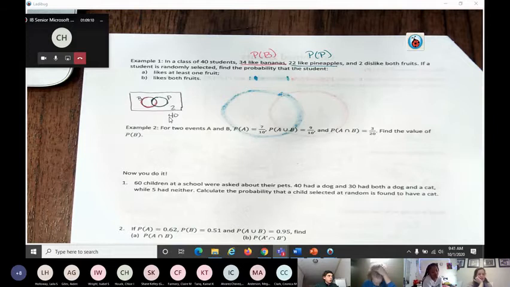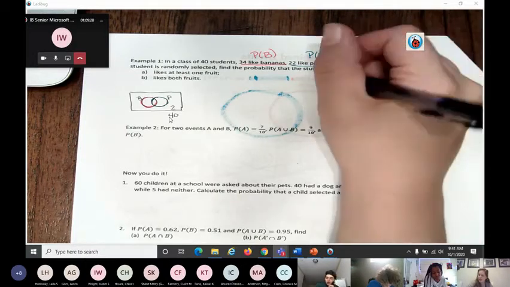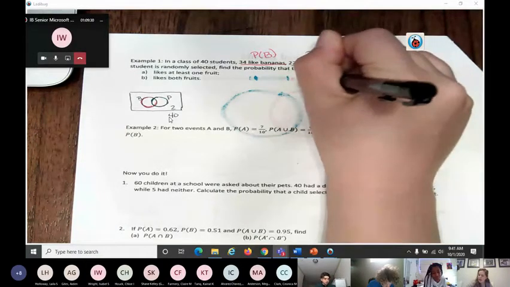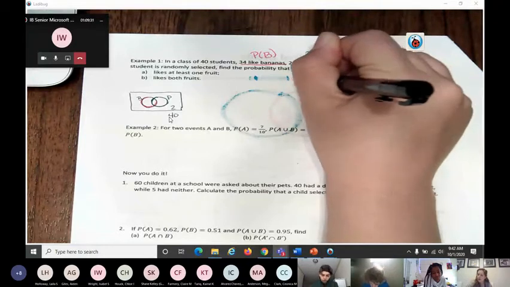So how do we represent that, like a probability or set notation? Wouldn't it be 38 because only 2 don't like fruits? Well, yes, but how do we write that? Or how do we color it? Like if I drew a Venn diagram, how would I color that? What would be colored?